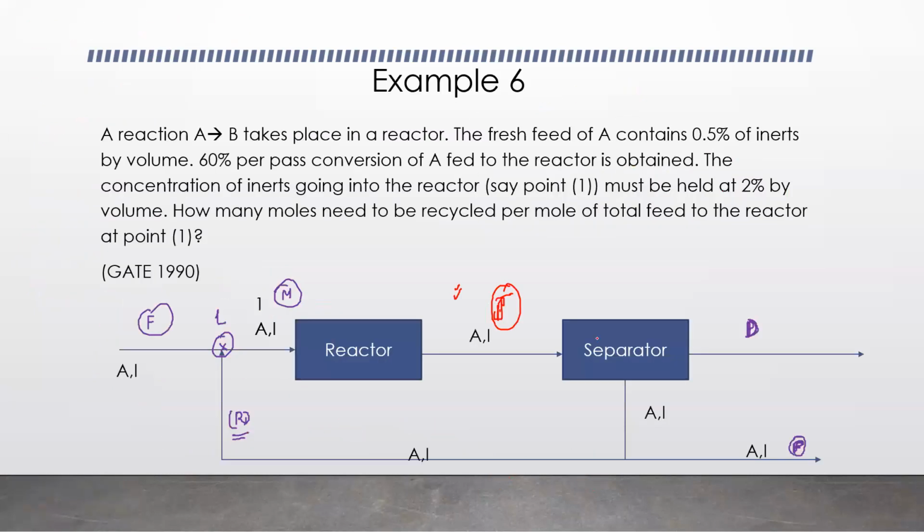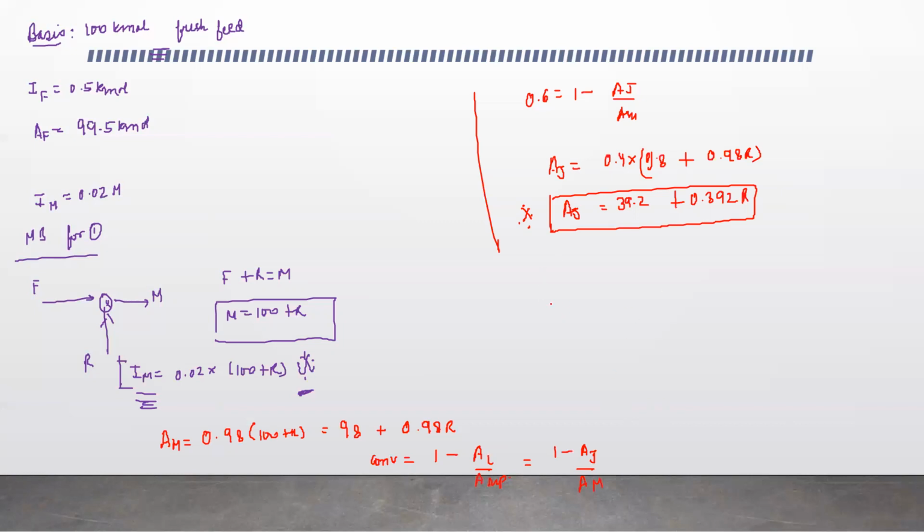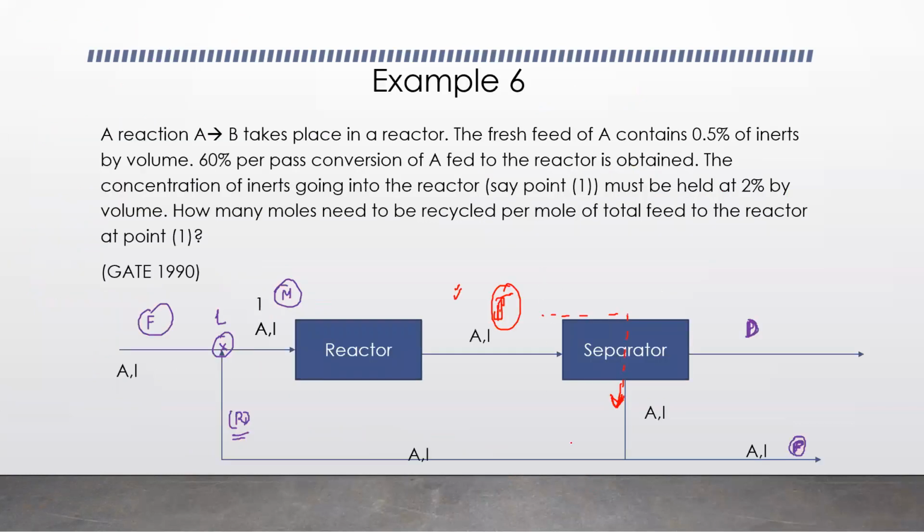Now all of this A is going here. So all the A that is being fed to, let's call this junction number 2, where a purge stream is being extracted, all this A that is fed to junction number 2 is basically Aj.